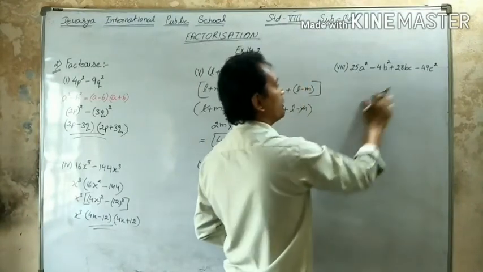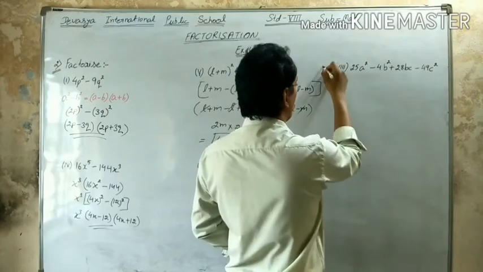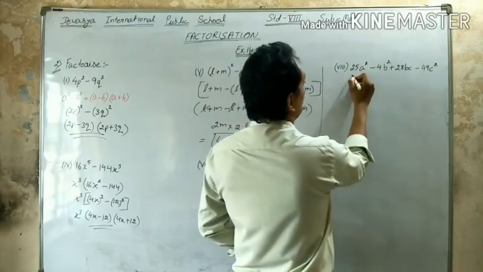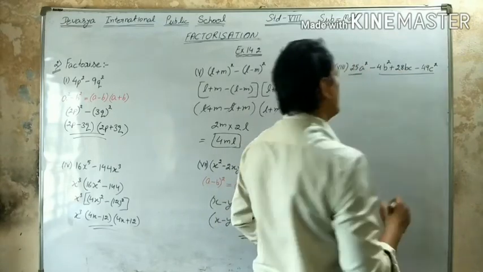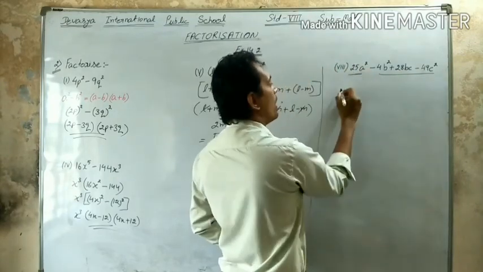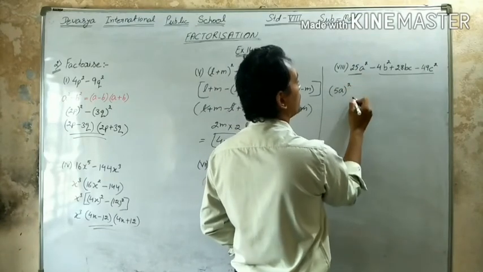We have one more expression here. This is quite a large expression. We have a total of 4 terms here. So how are we going to try this? We need to keep this term separate and this whole thing separate, and we can do it very easily. 25a square can be written as 5a whole square.